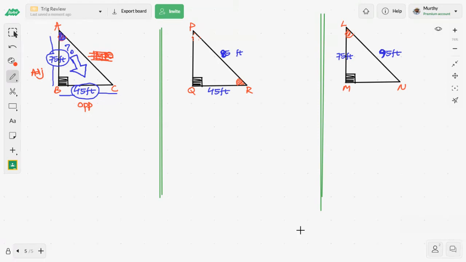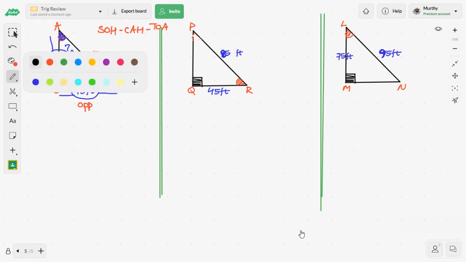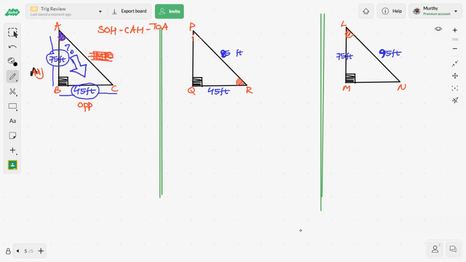Therefore, which trig ratio do I have to use? SOHCAHTOA. Every time you write SOHCAHTOA. I know that the first one is adjacent and here opposite. Where can I find O and A? O and A, no. O and A, no. O and A, yes.